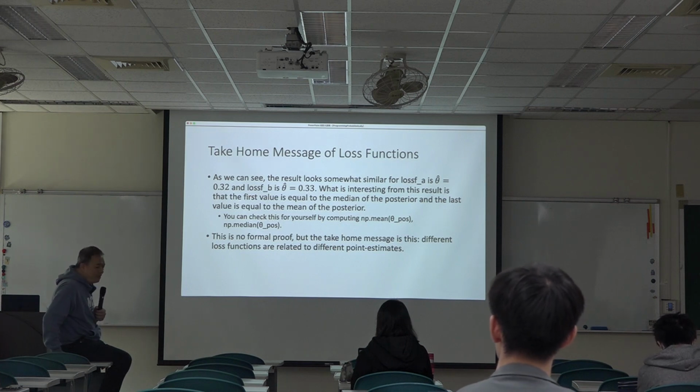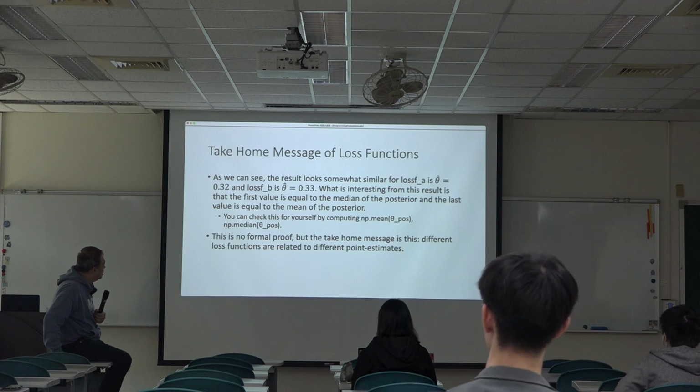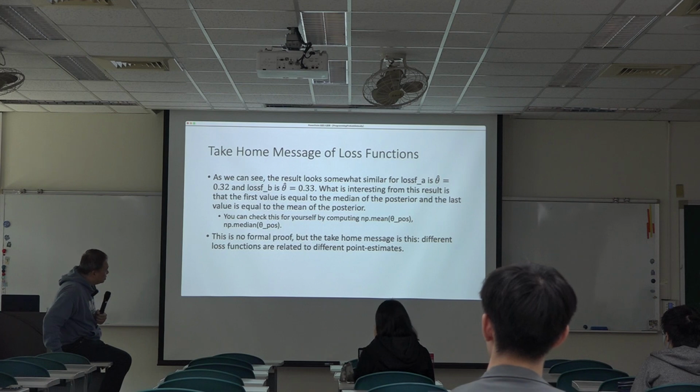One possible question I can ask you is, can you prove that when you want to minimize, for example, this quadratic loss function, the result is the mean of the posterior?